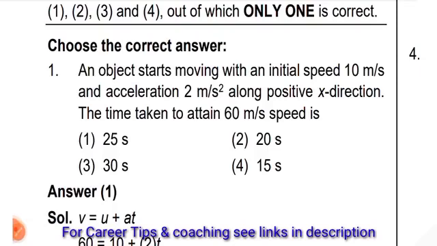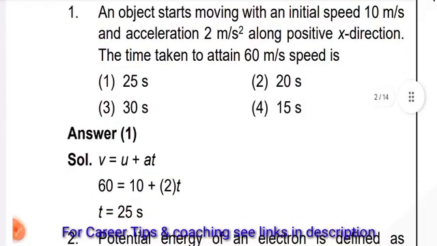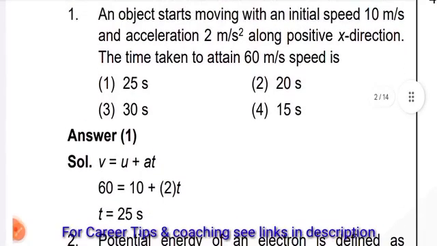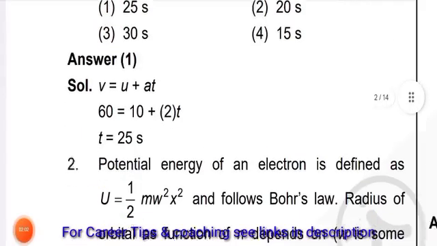You need to find the time to attain 60 meters per second, so it is v equal to u plus at, where you get final velocity is 60 and initial velocity is 10, so you get time is 25 seconds. So option A is correct, or 1 is correct.